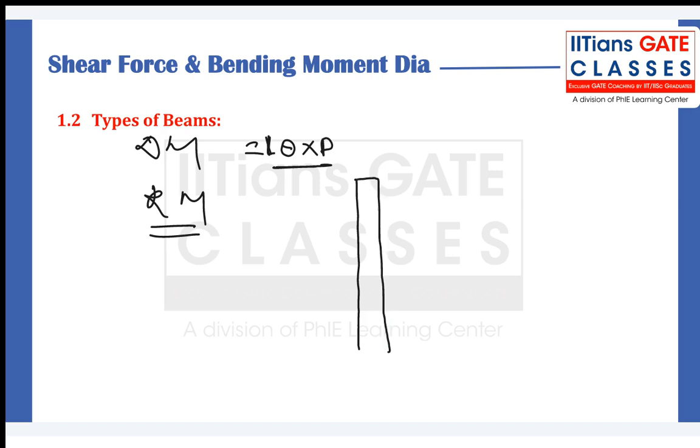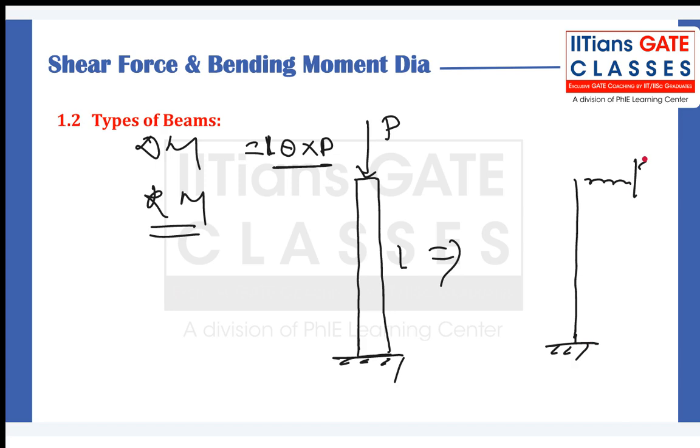It can be vertical or horizontal, a slender structure subjected to load P and length L. Now it has to be idealized as a rigid slender structure, not massless, with a spring support K. This is the P load, and this is the length L. Clear, everyone?